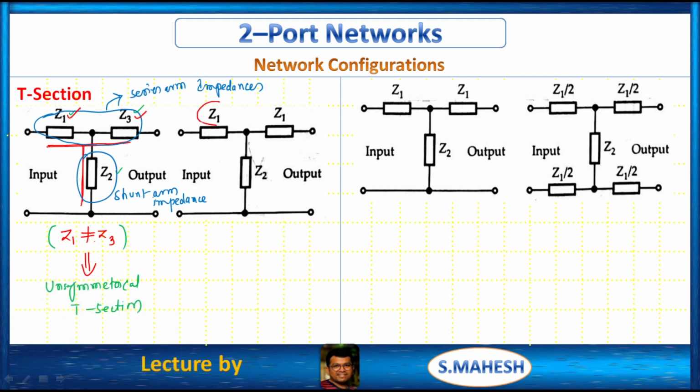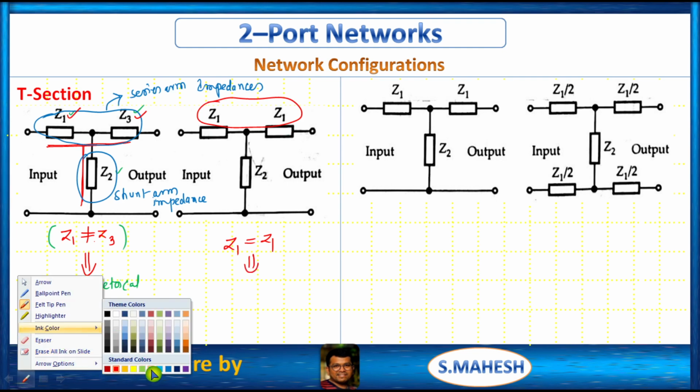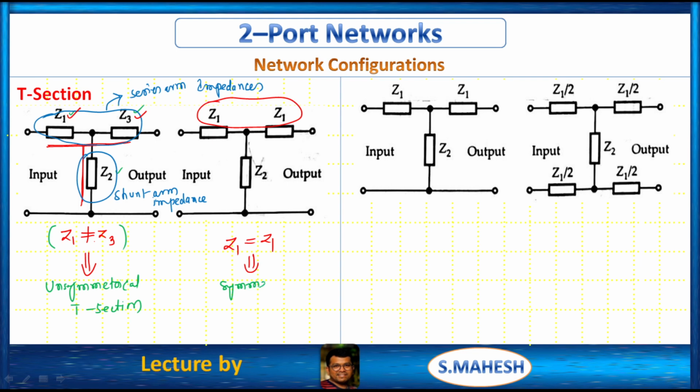Here, see, the series arm impedances are equal, that is Z1 equals Z1. On this side Z1, and on this side also we have Z1, therefore this is symmetrical T section. The reason is both series arm impedances are equal. Here the series arm impedances are not equal, but in both cases the shunt arm impedance is the same, right?